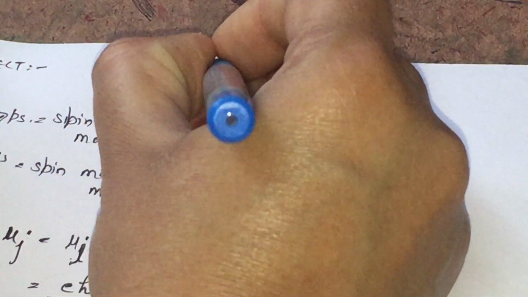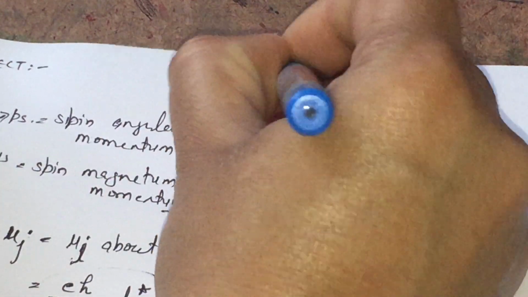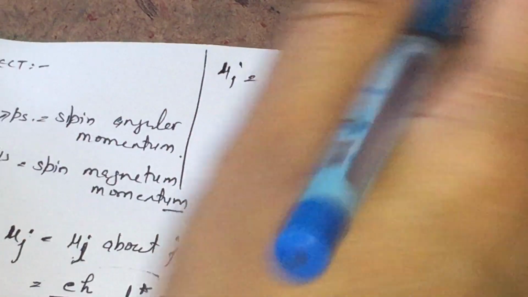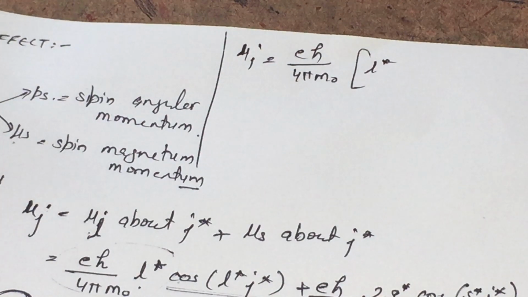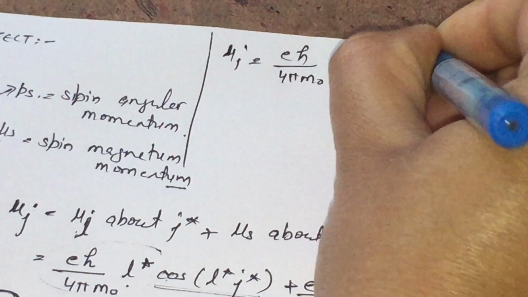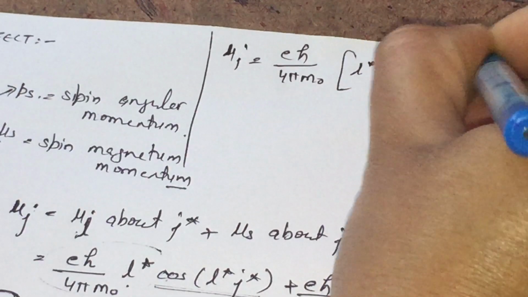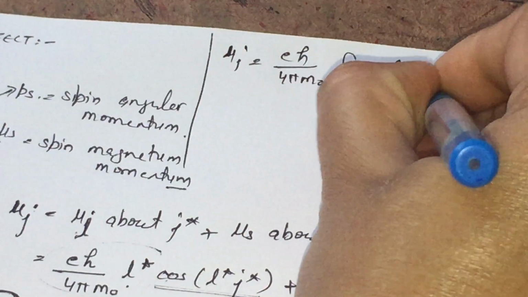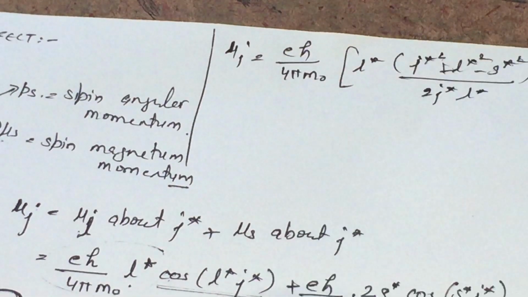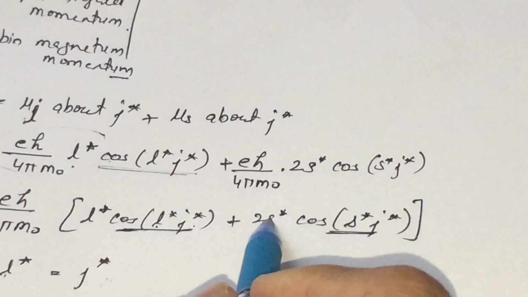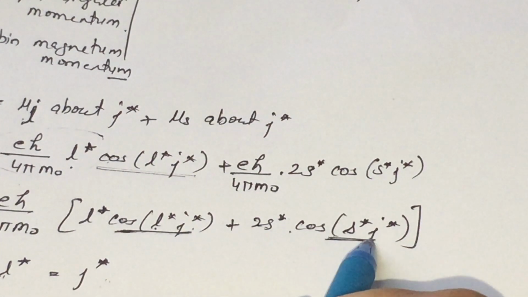Now we will get mu J is equal to eh upon 4 pi m naught. We have L star, and instead of cos of L star J star, we are taking J star square plus L star square minus L star square divided by 2 J star L star, and with this we have another term plus 2 S star cos of S star and J star.